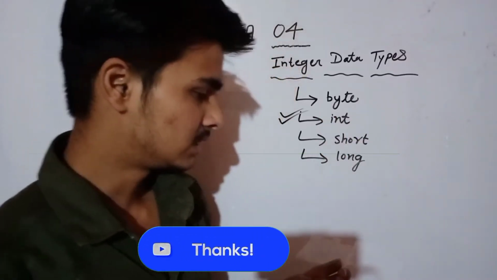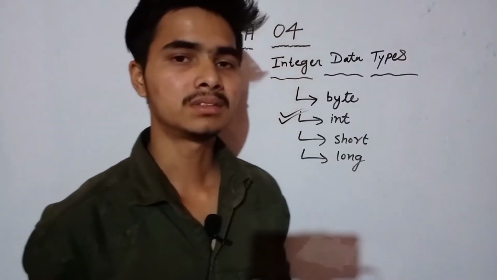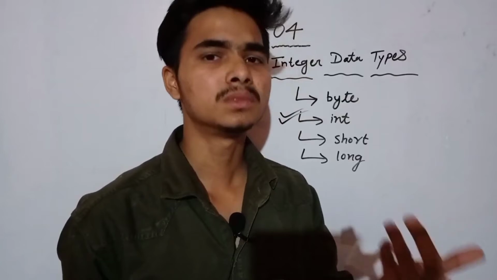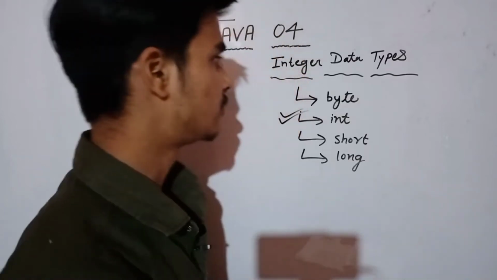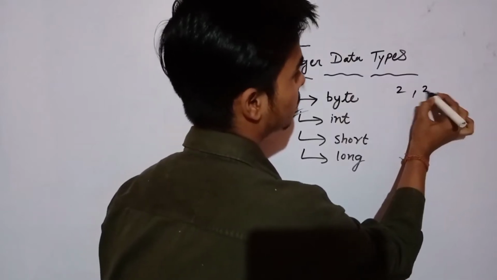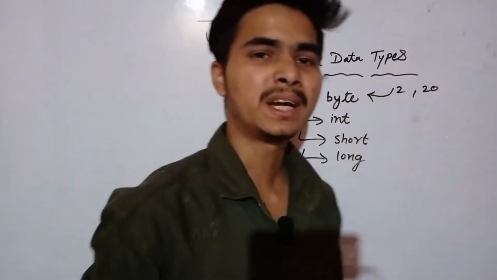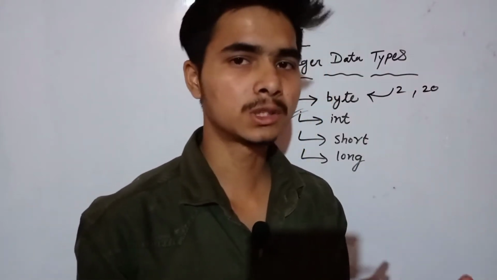There is nothing very high concept behind this. If we have small numbers like 2, 3, 4, 5, like I want to store 2, or suppose I want to store 20, then we should go for byte, because byte can store simple small numbers.